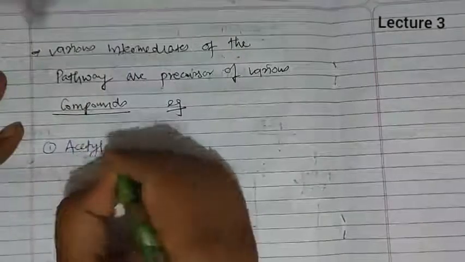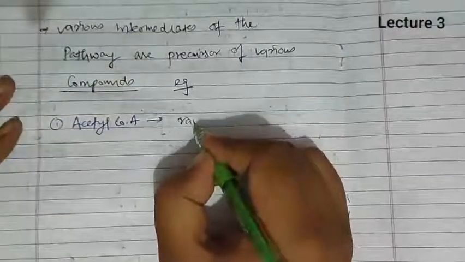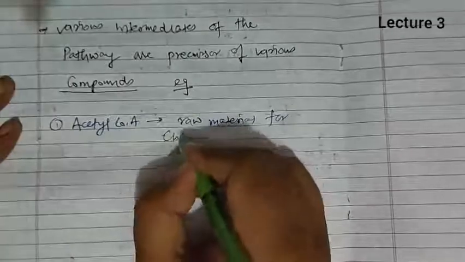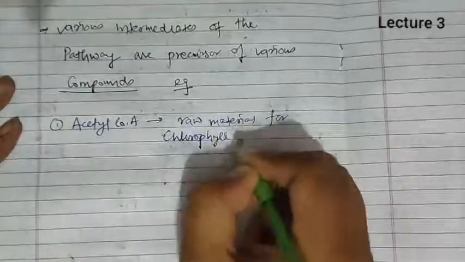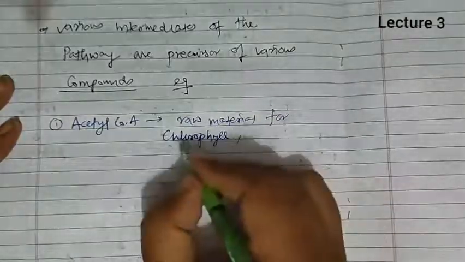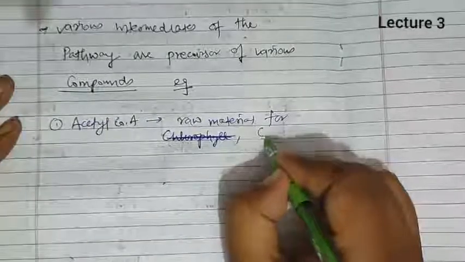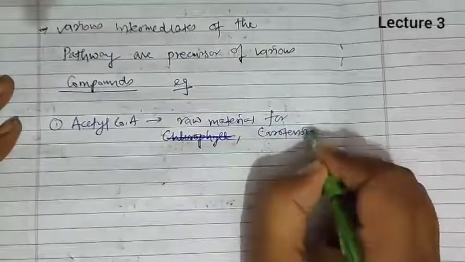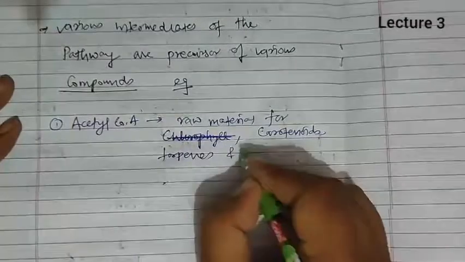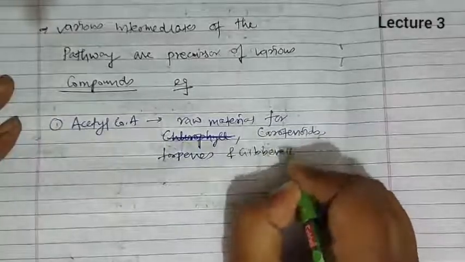And if we take an example, first is acetyl coenzyme A. Now this acetyl coenzyme A is a raw material for chlorophyll, carotenoids, then terpenes and gibberellins.